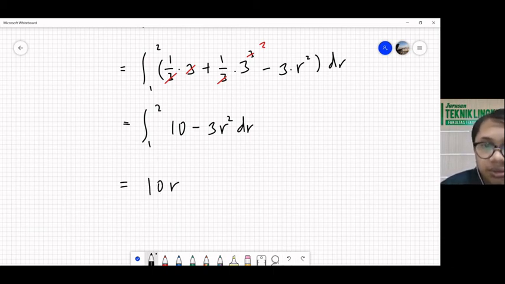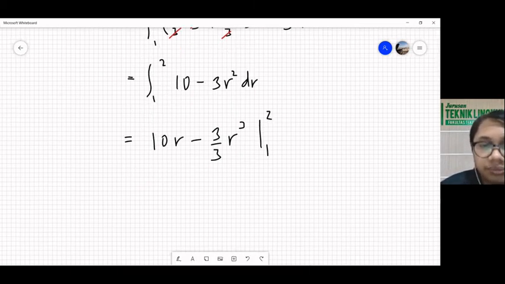The last line is 10 r, because we don't have r, so we just bring r from thin air. 3 divided by 3, and r square becomes r power 2. Limit is 2 and 1.